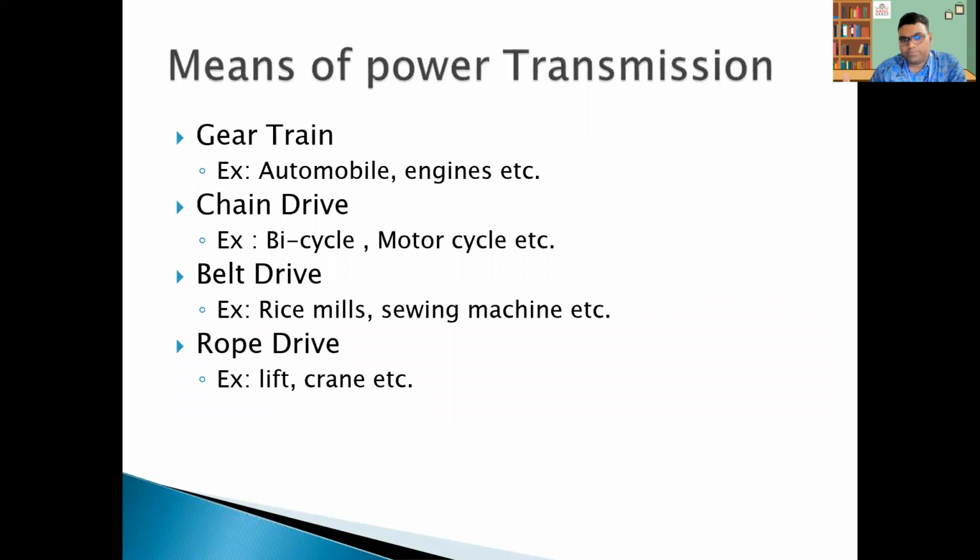Rope drive is used in lift, crane, etc. The rope drive is used where the distance between the two pulleys is more than 8 meters. In a belt drive, the distance between the two shafts can't be more than 8 meters.